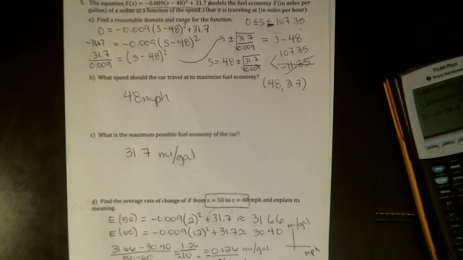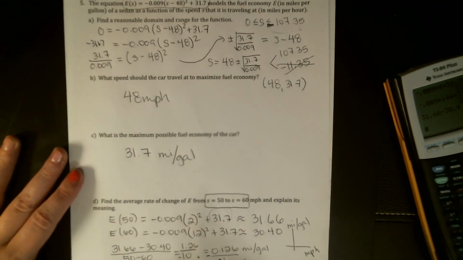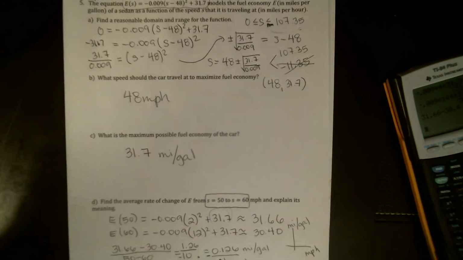Okay, so let me try again. If you're traveling between 50 and 60 miles per hour, increasing your speed by 1 mile an hour will decrease your fuel economy by about 0.126 miles per gallon. Again, you could also say increasing your speed by 1 mile per hour will decrease your fuel economy by 0.126 miles per gallon on average, something like that.